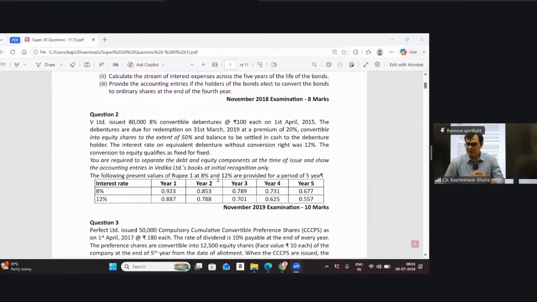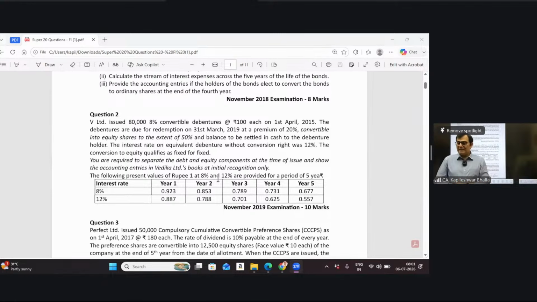Let's look at question number 2. I think one more question on CFI before we go further. This is a November 19 examination question, which came for 10 marks in the exam. So you can see the frequency of asking questions on compound financial instruments is quite good.